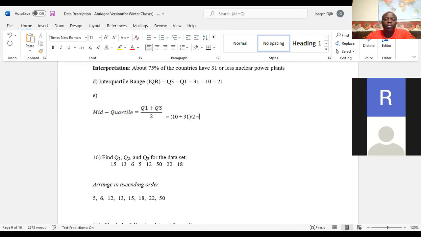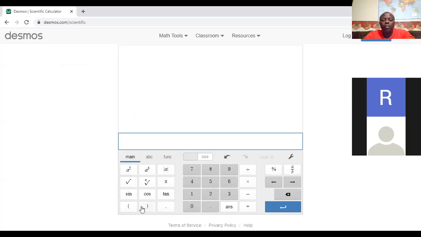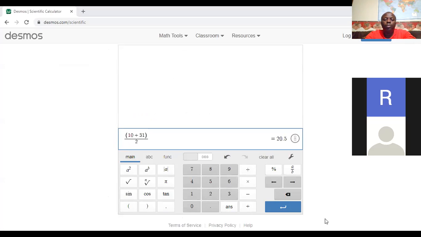That will give us the mid quartile. 10 plus 31 divided by 2 is 20.5. That is our mid quartile.